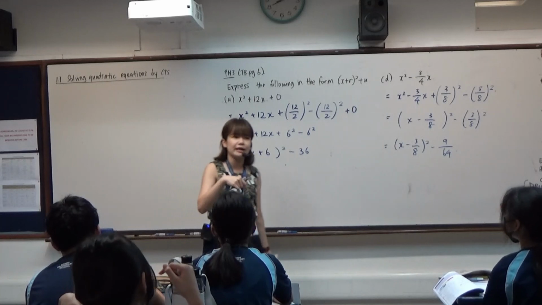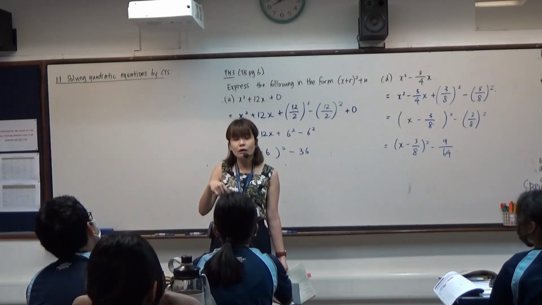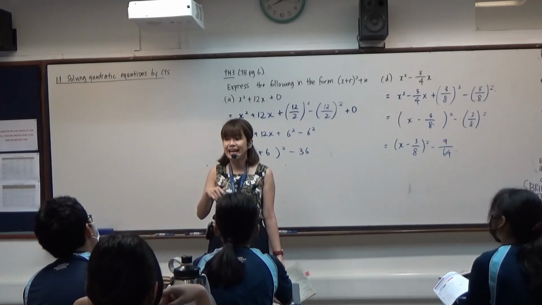So now we have dealt with learning how to do completed square form for an expression. Remember our objective right at the start of this topic, it was to learn how to actually solve quadratic equations that cannot be factorized.